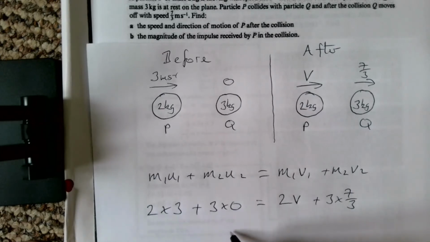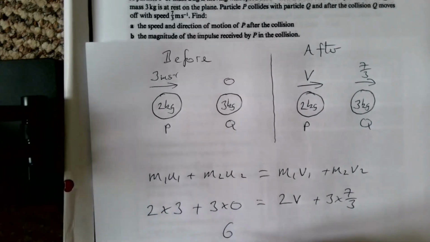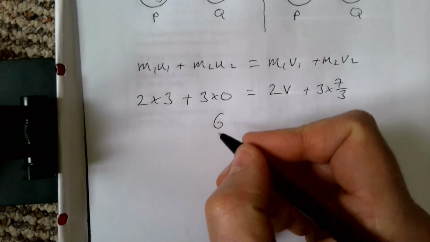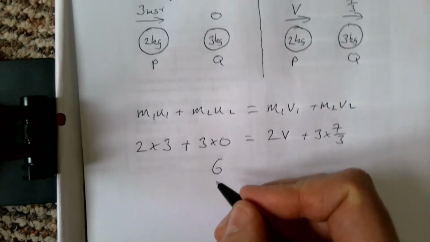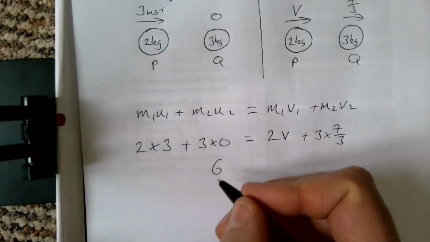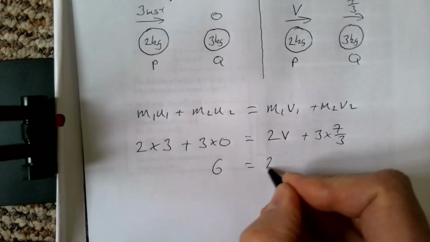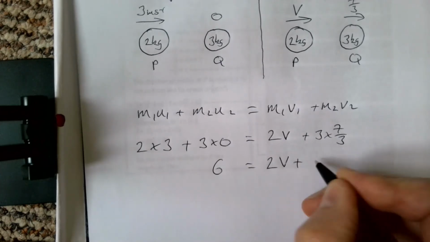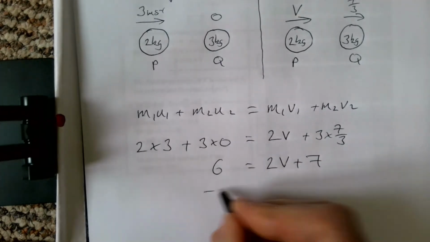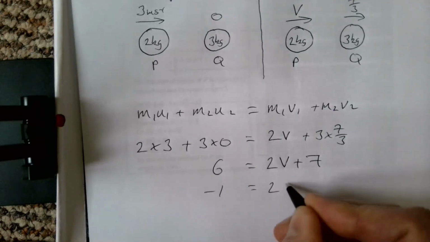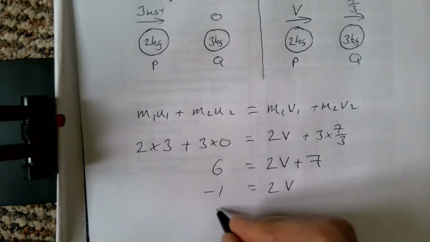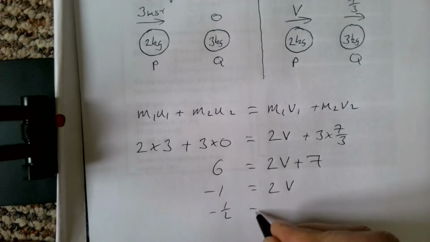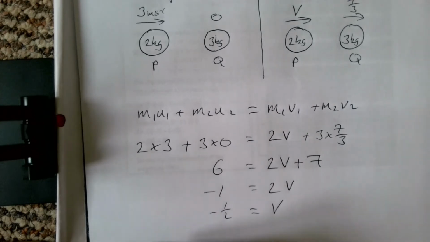What do we have on this side? We have 6. 6 equals 2V plus 7, minus 1 equals 2V, and so minus a half then equals V.